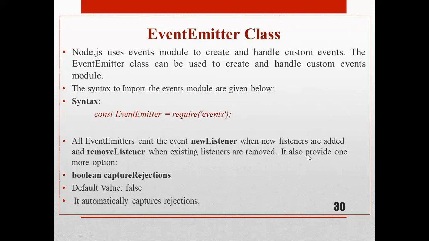It also provides another option, the boolean captureRejections. The default value is false, and it automatically captures the rejections. This is all about the event emitter class: whenever any listeners are added, the event emitters emit newListener, and whenever we remove listeners, at that time use removeListener.